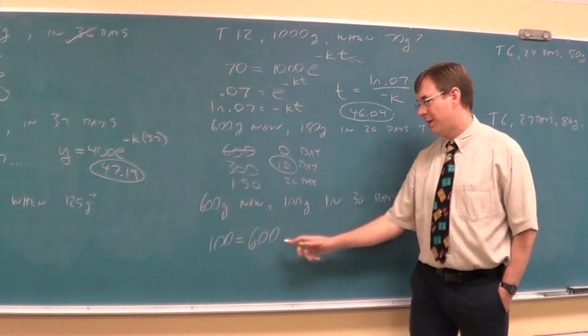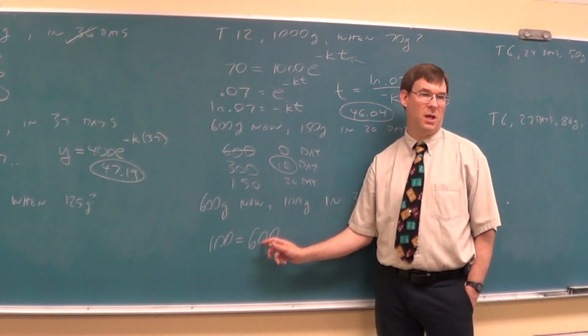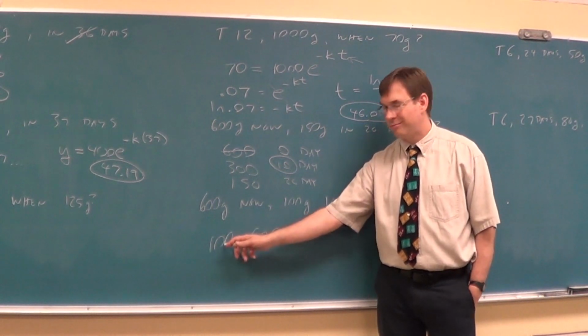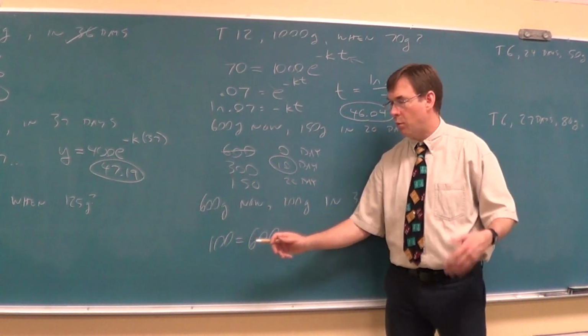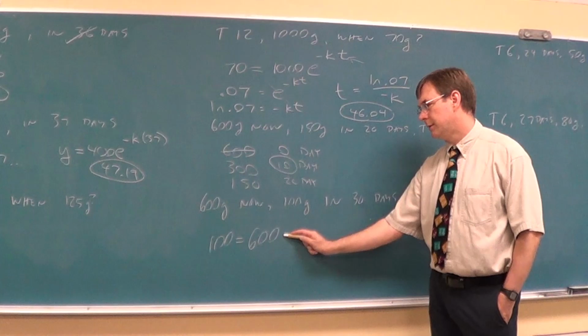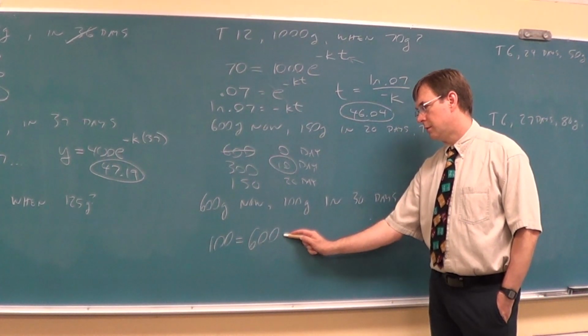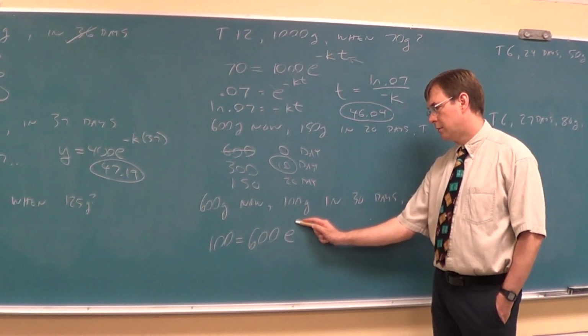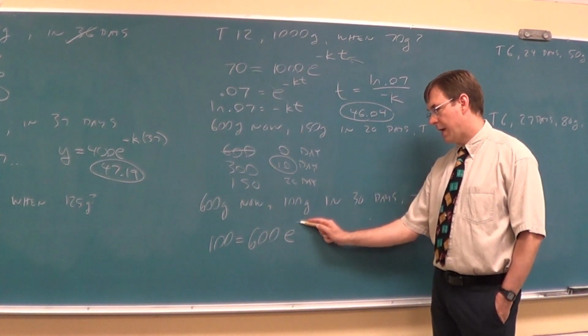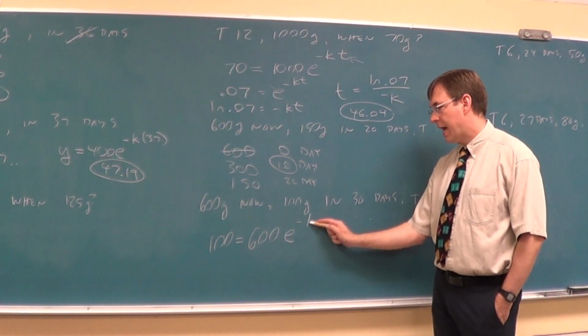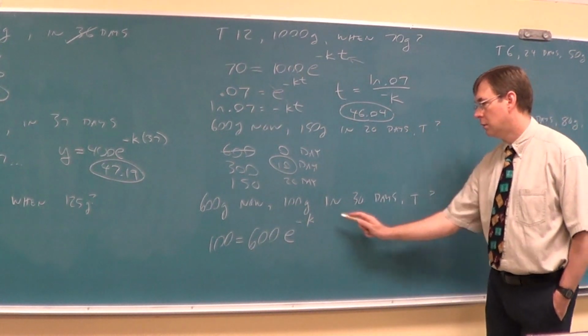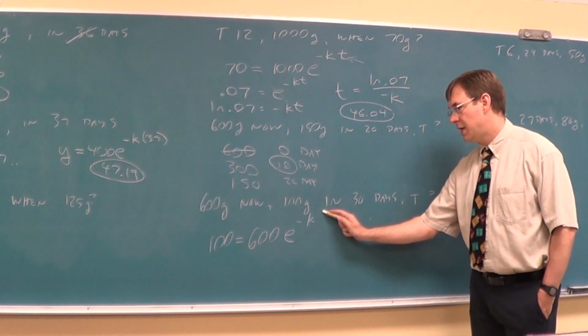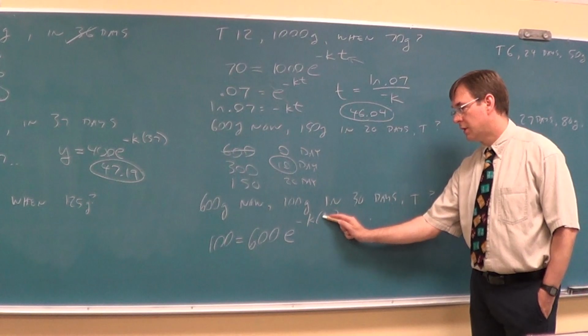If you're not sure, the original number always has to be bigger than the later number, because the stuff's going away. Then e, we know that. Negative, because it's going down. K, which we don't know. T, which we do know, is 30.